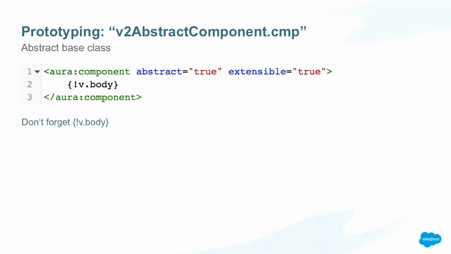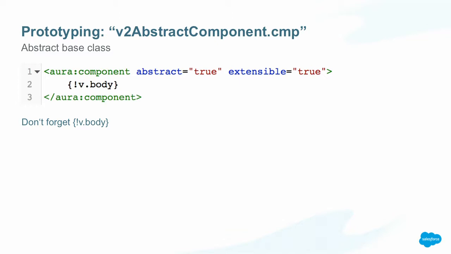When you're not familiar with that syntax, this is a facet, and it's a little bit complicated to explain right now, so go look into facets and investigate there, because when you extend and write some markup, your markup will be gone if you forget to add v.body to your component. Just saying. So v.body is the only thing we have to remember.